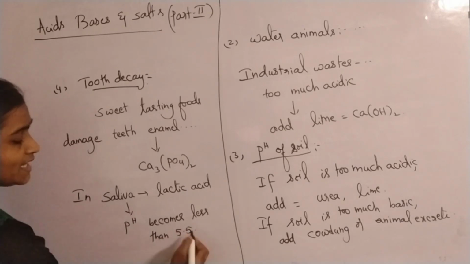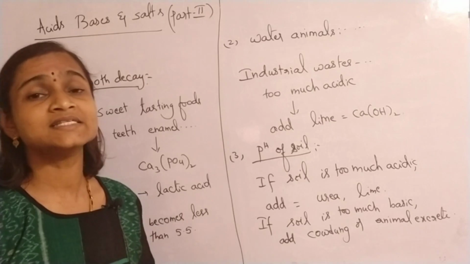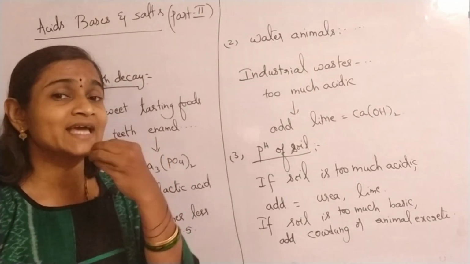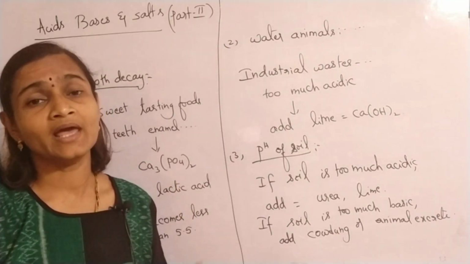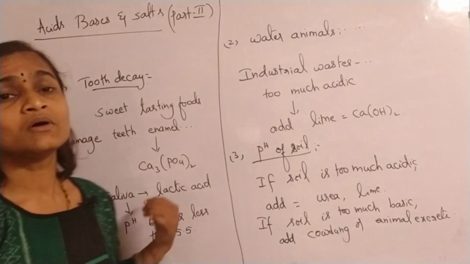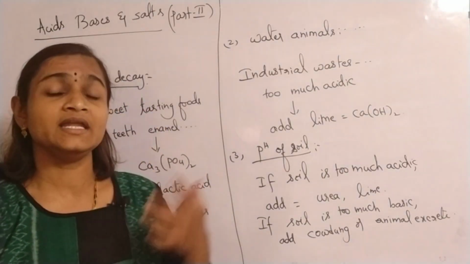Then it starts attacking your teeth enamel. Teeth enamel consists of calcium phosphate. If it is attacked, that causes tooth decay, and your teeth also get damaged. So this is also the concept of pH, where we use it in our daily life.